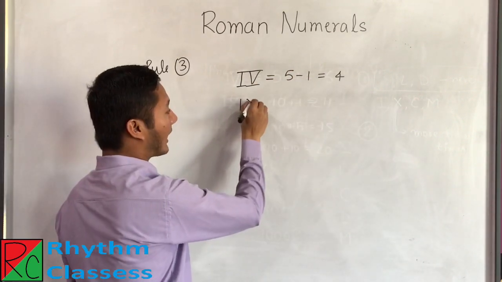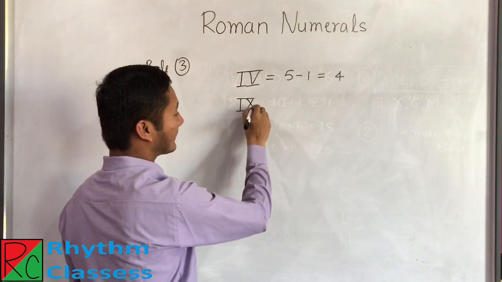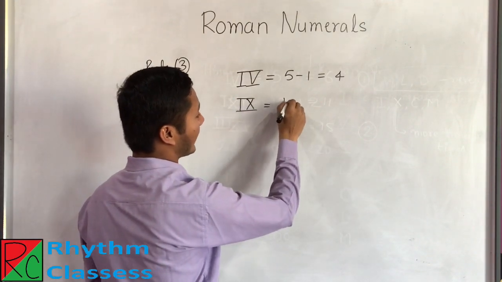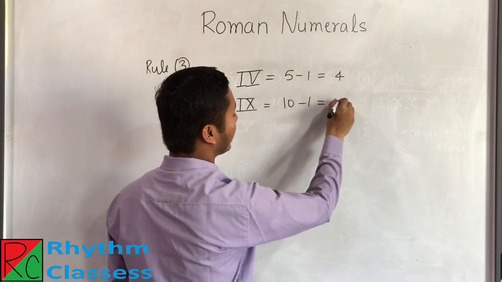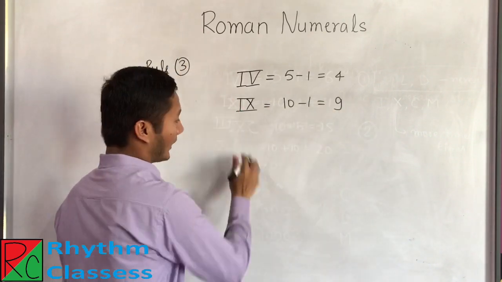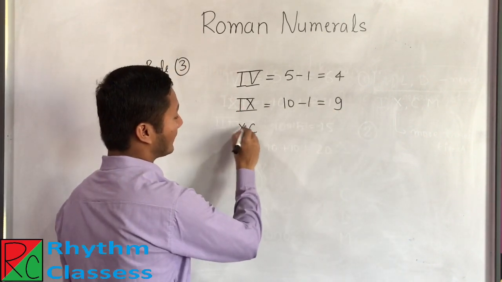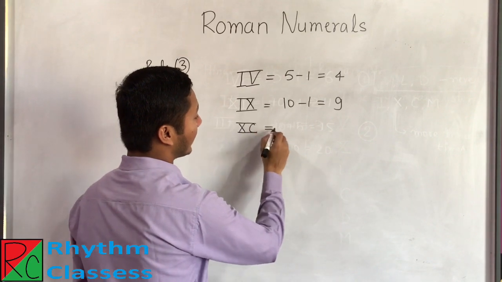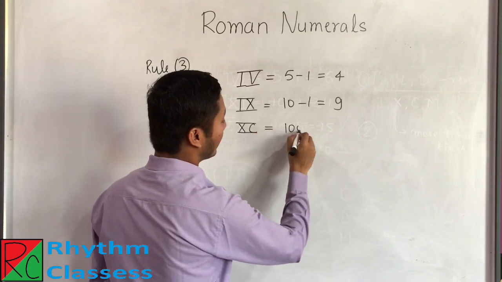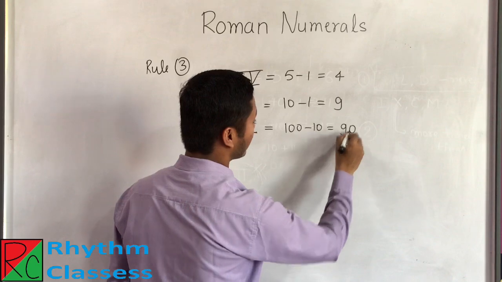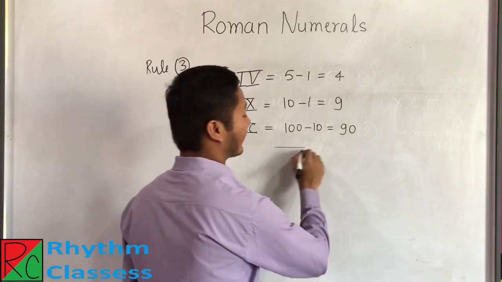If we write I before the X, it becomes 10 minus 1 and it will be 9. If we write X before the C, it becomes 100 minus 10 equals 90, etc.